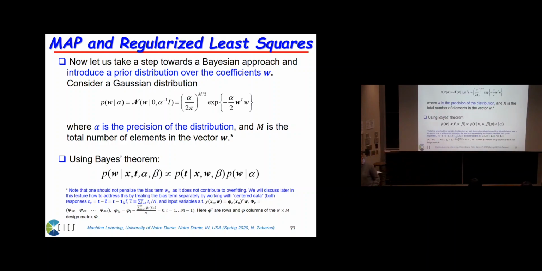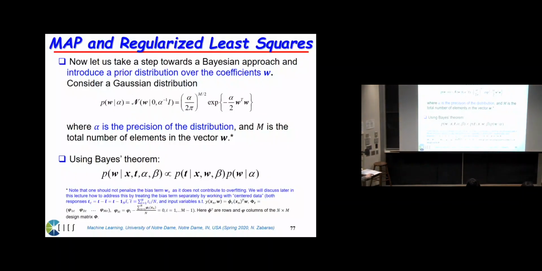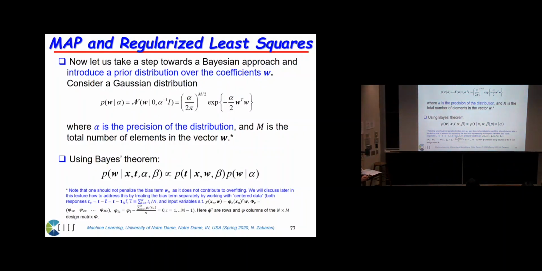I'm writing down the Gaussian for the prior of W. And remember, so that we don't forget, alpha is the precision of the prior, and beta is the precision of the likelihood.